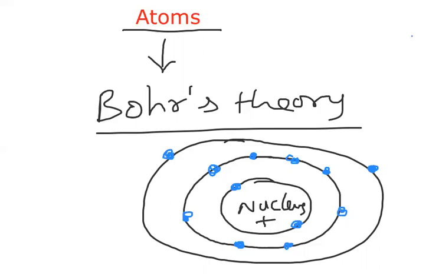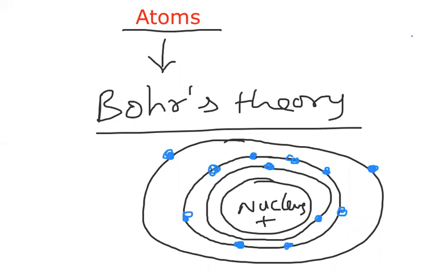Now Bohr's theory says that at the center of the atom we have the nucleus, and around the nucleus electrons will be revolving in different shells. In the first shell, the maximum number of electrons it can accommodate is 2. The second shell can accommodate 8 electrons.